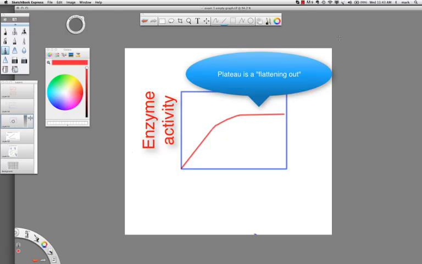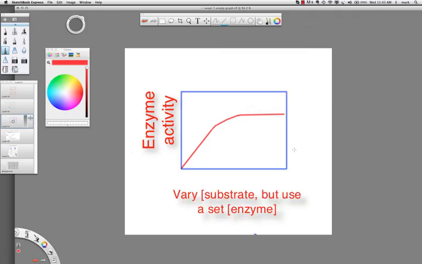So, what are the units we're talking about here? I said that we're measuring the rate of enzyme activity. Now, a rate of enzyme activity is going to be measured by how much product is made.